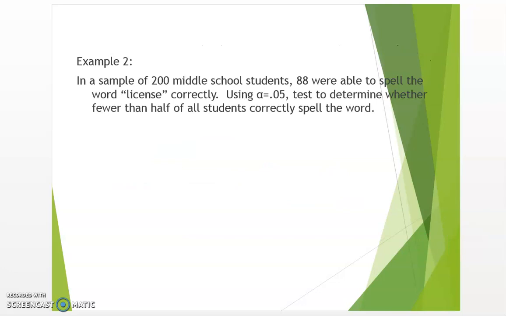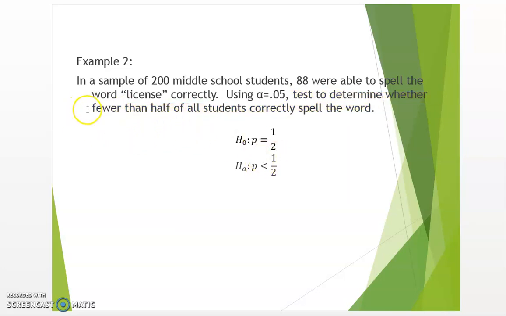Next question is example 2. In a sample of 200 middle school students, 88 were able to spell the word license correctly. Using alpha equals 0.05, test to determine whether fewer than half of all students can correctly spell the word. So what we see is we're trying to determine whether fewer than half of all students correctly spell the word.